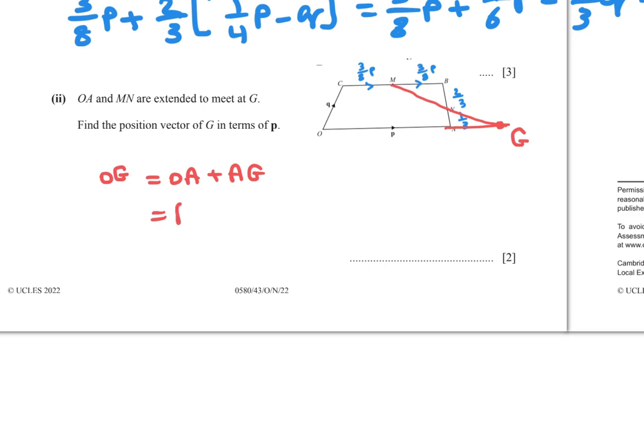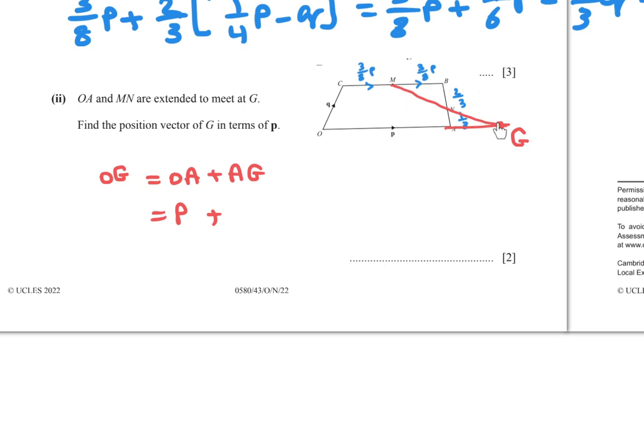OA is vector B. AG, this triangle and that one, they are similar because the angles are equal. This side is parallel to that one, so this angle is alternate and equal. So the two triangles are similar. And the ratio between this side and that one is 1 to 2.